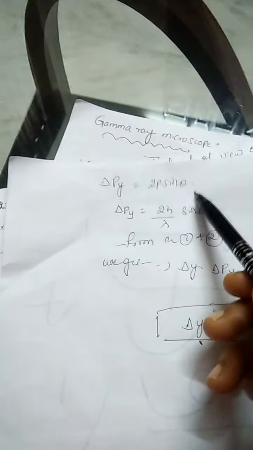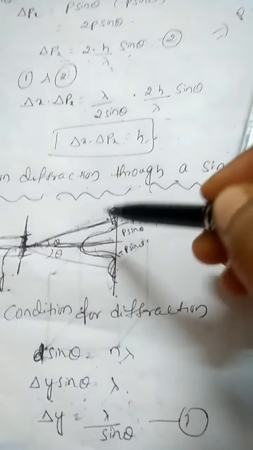Now delta py indicates the momentum of the electrons which are diffracted along the y axis, which is 2p sin theta. Why? Observe this diagram.